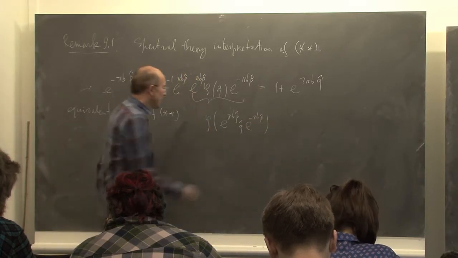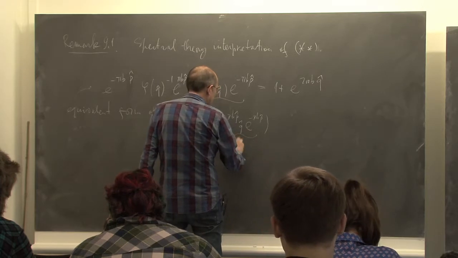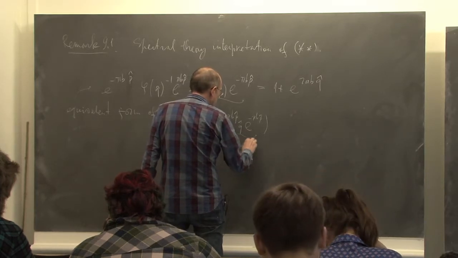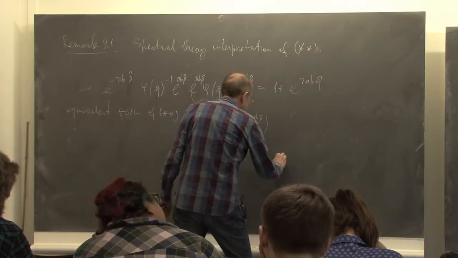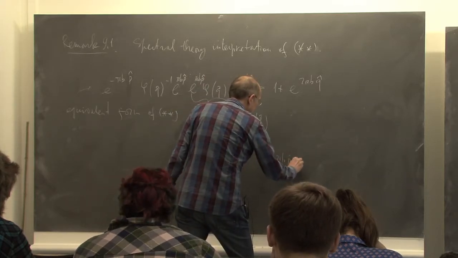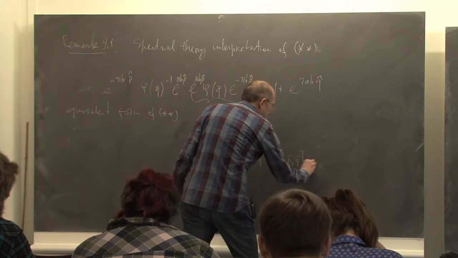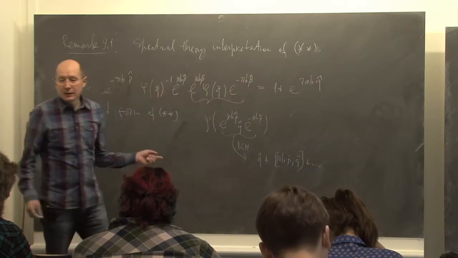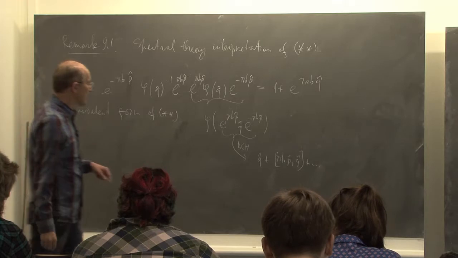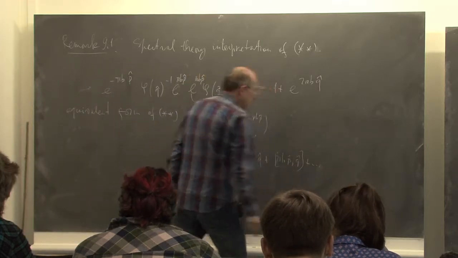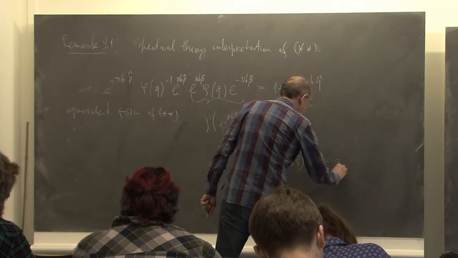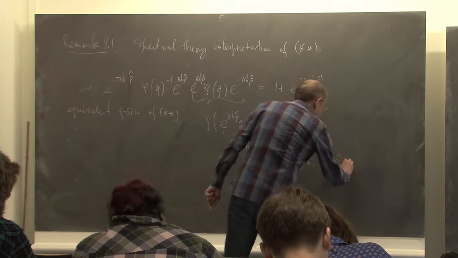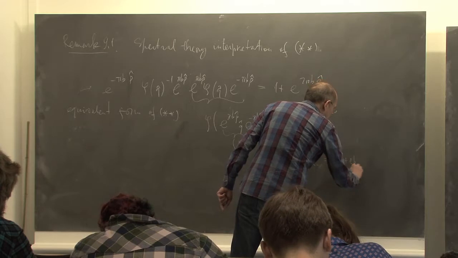And then use the Baker-Campbell-Hausdorff, which says that this is equal to 1 plus pi b, commutator of p and q hat, and so on. But the tail is trivial. The commutation relation of p and q is known. So this is equal to q plus pi b times 1 over 2 pi i.